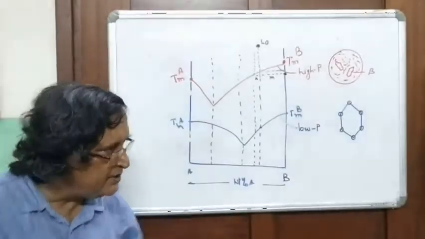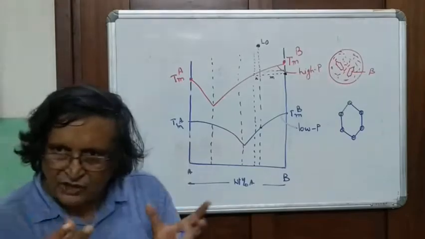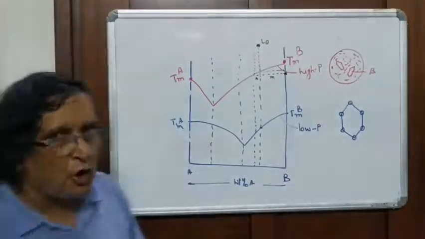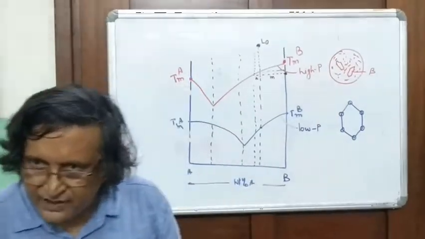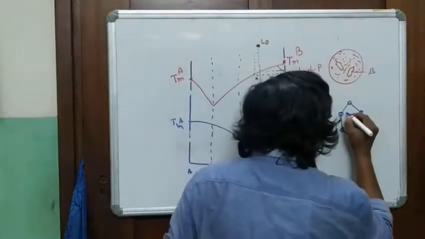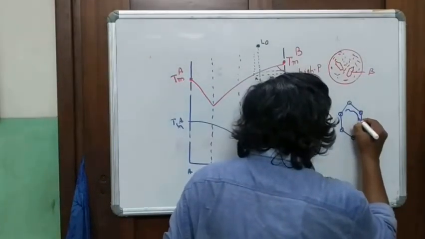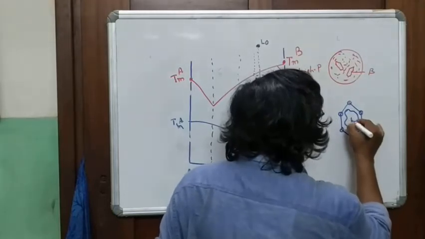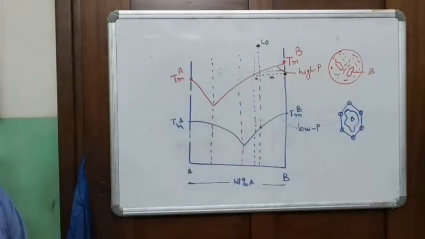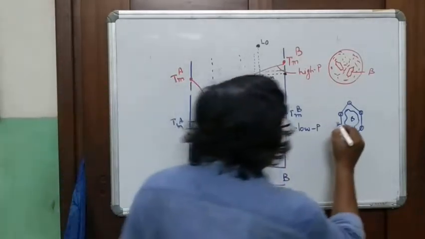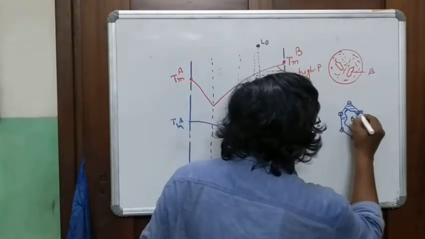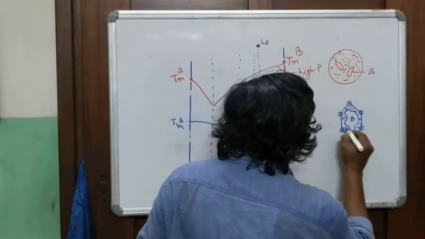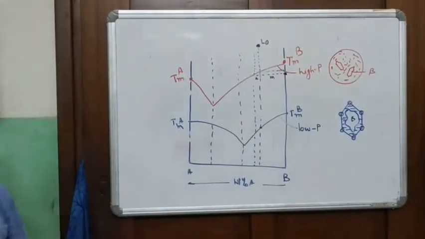So what happens when melting starts to occur? The corner starts to melt first. So what happens after some time? Your B crystal looks like this. And this part is resorbed back into the melt.